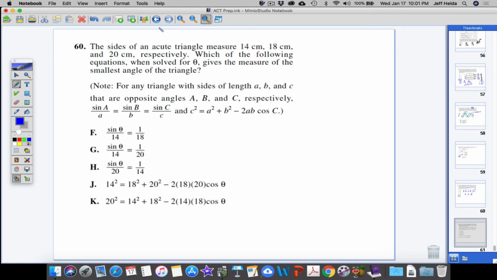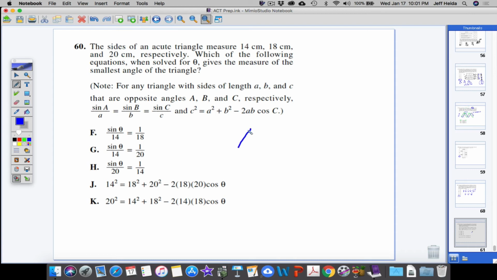Our last problem, problem number 60. I'm going to spend a little bit of time talking about this because, again, this is definitely a trigonometry question. You have an acute triangle, and all acute triangle means is all of the angles are less than 90 degrees.